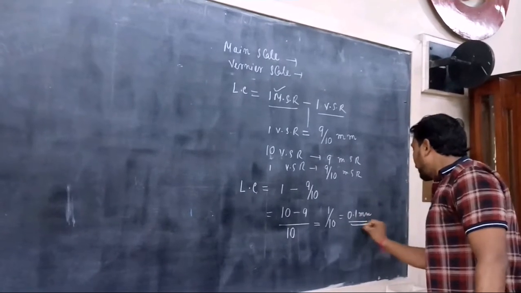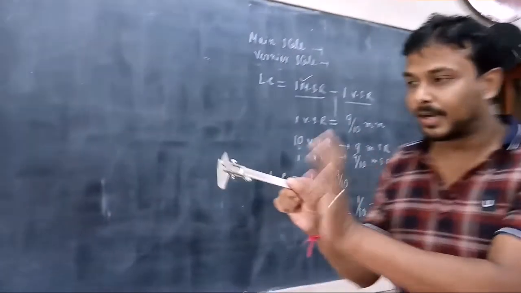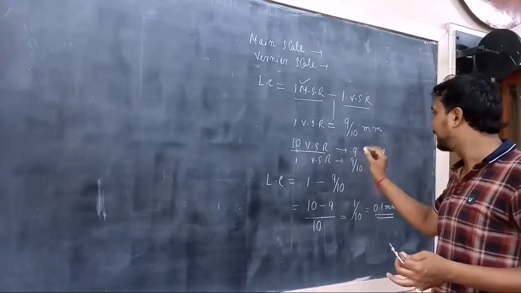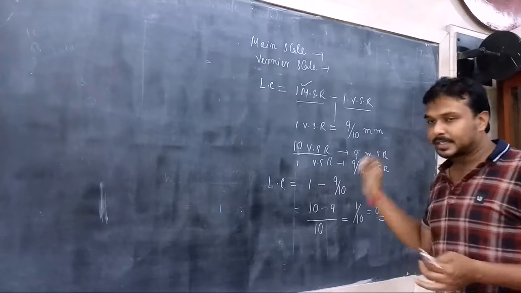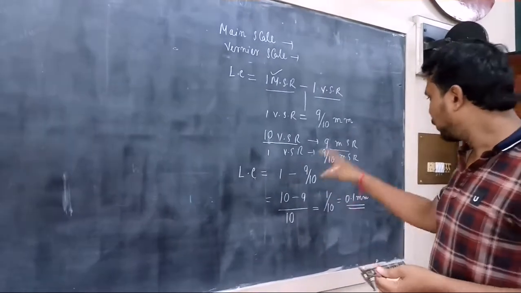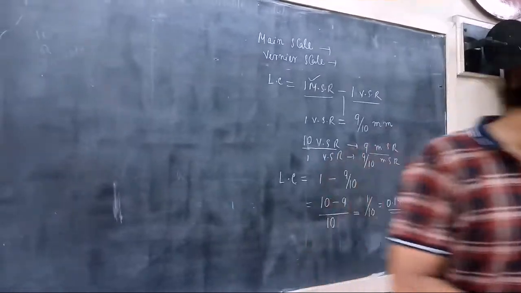So 0.1 mm is the least count of this vernier scale. Keep in mind that 10 vernier scale readings are equal to 9 main scale readings.